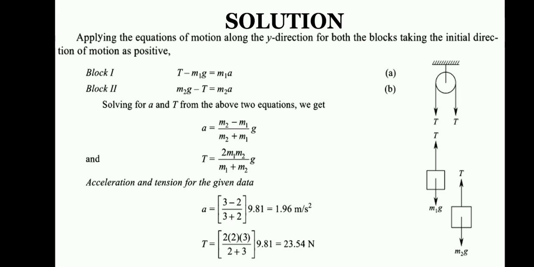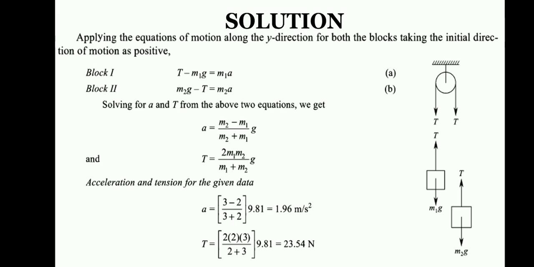So we get two equations: T minus m1g equal to m1a, and m2g minus T equal to m2a. In both equations T is common and a is common. Clear?